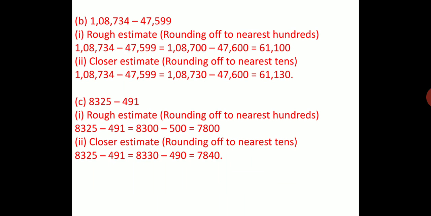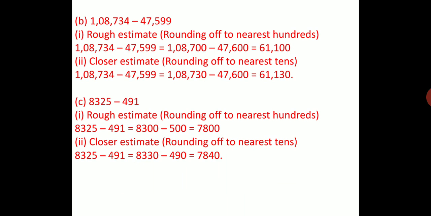Now the same thing, I am going to do the calculation by nearest tens. So you can see 1,08,734. What is the nearest ten to 34? It is 30. So 1,08,730 minus 47. What is the nearest ten to 99? So it is 100 only.